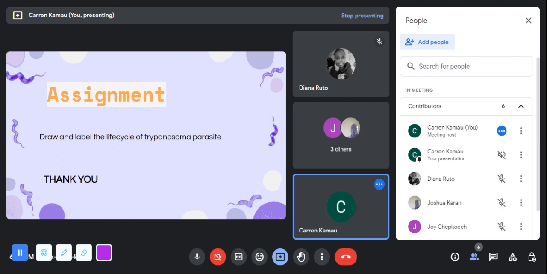We have come to the end of our lesson today. I want us to do a summary review of the lesson. What is sleeping sickness and what causes sleeping sickness? Class? Yes, Joy?